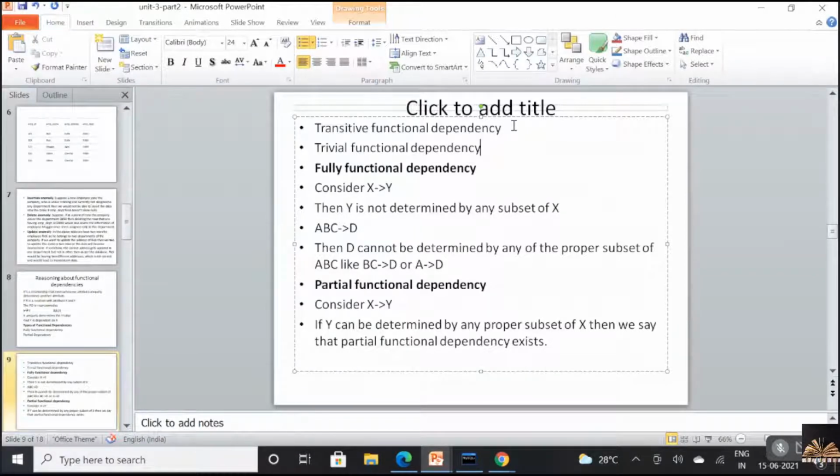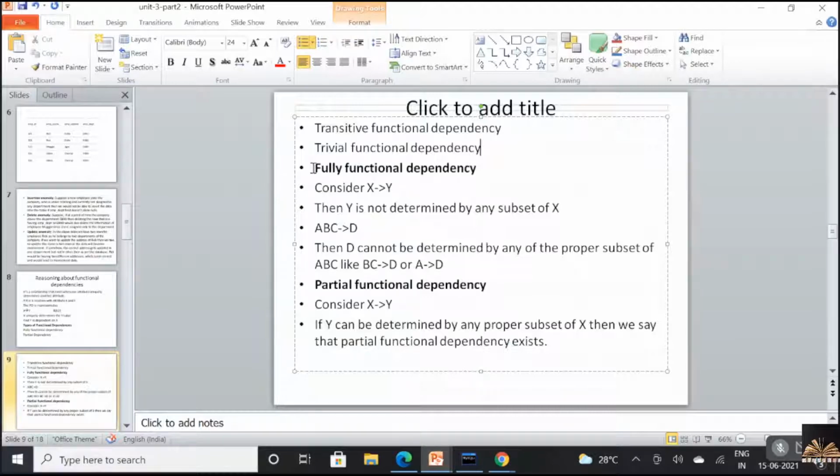Along with this, you have non-trivial functional dependency and multi-valued functional dependency. These are the things you would be using in normalization. When you normalize a database into certain normal forms, you're going to work with the concept of functional dependencies.